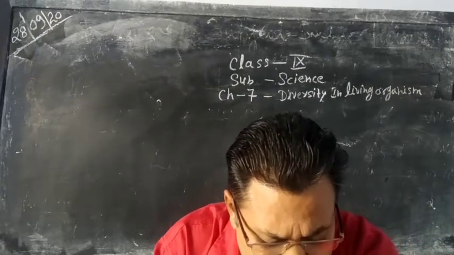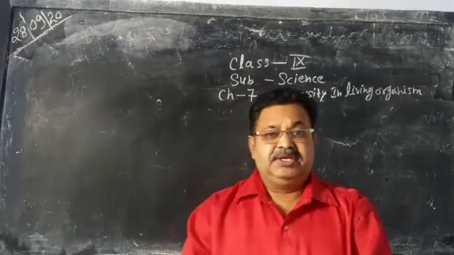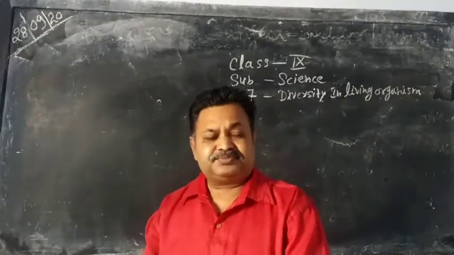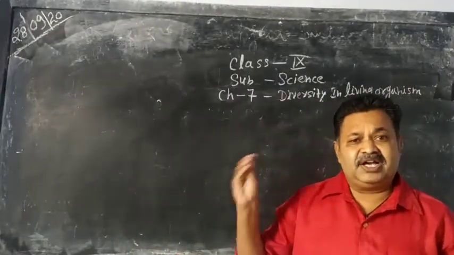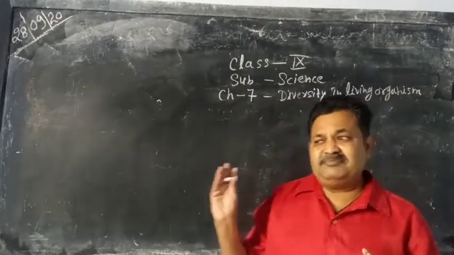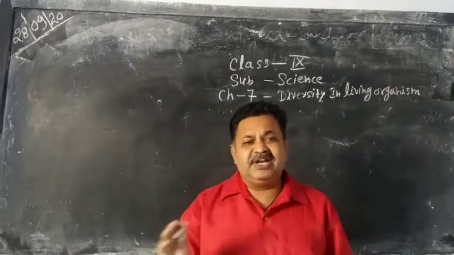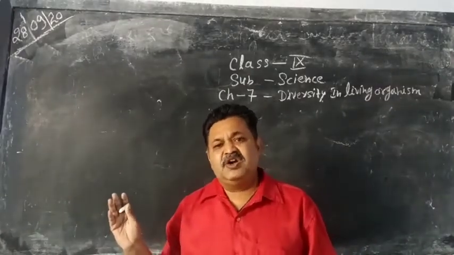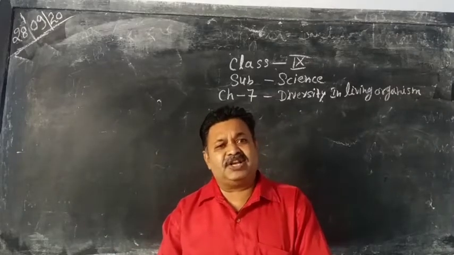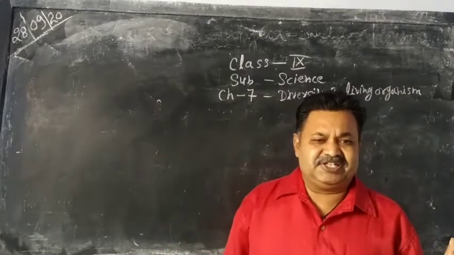First one is, what is the basis of classification? The basis of classification is the characteristic features of organisms. Organisms with the same characteristic features are in the same group, and organisms with different characteristic features are in another group. So the main basis of classification is their characteristics.